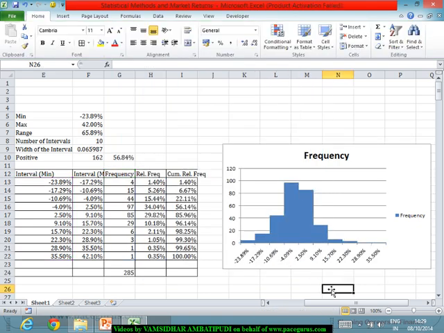I've reduced the gap using an Excel spreadsheet, and this is the kind of shape that I have typically got from the histogram.